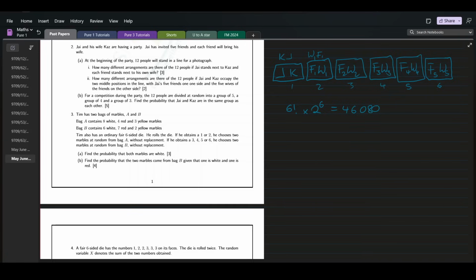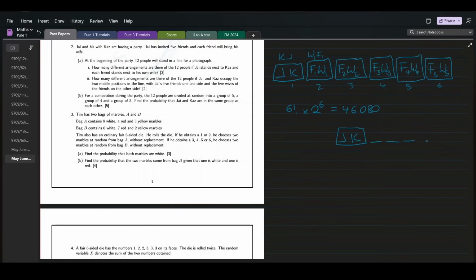How many different arrangements are there of the 12 people if Jay and Kaz occupy the 2 middle positions in the line, with Jay's 5 friends on one side and the 5 wives of the friends on the other side? Okay, so we're supposed to have Jay and Kaz in the middle, right? They have their own block in the middle, and then we're told that we want the friends on one side.